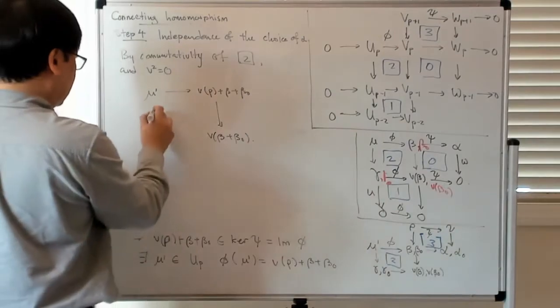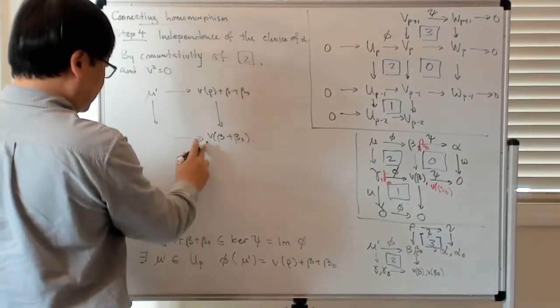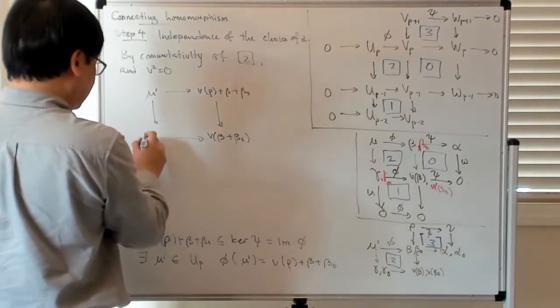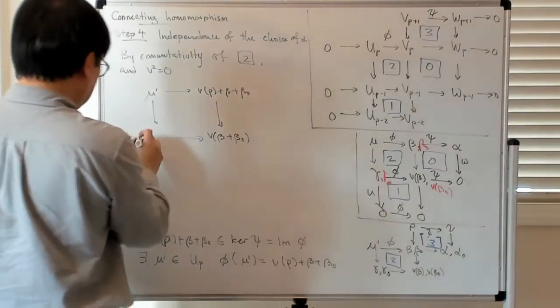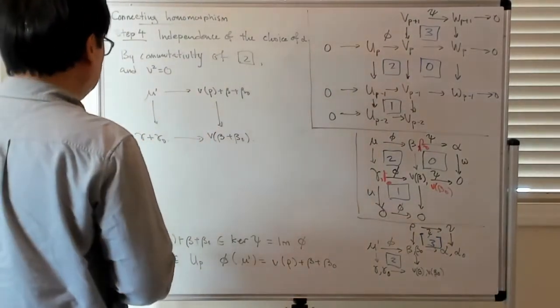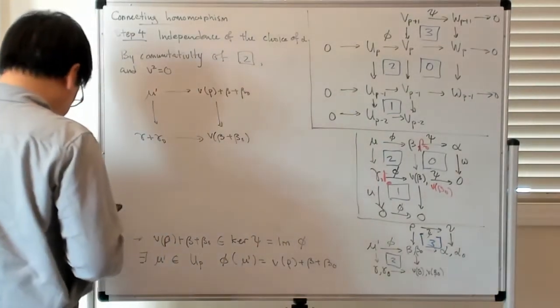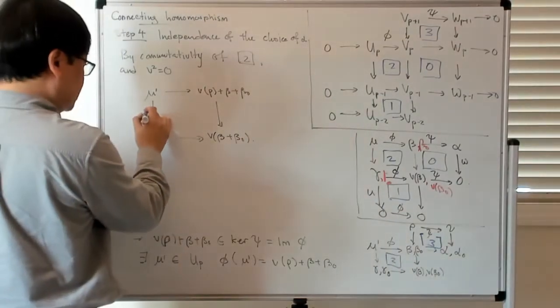But then this is injective, so this has to come from gamma plus gamma 0. And then this is the U map.